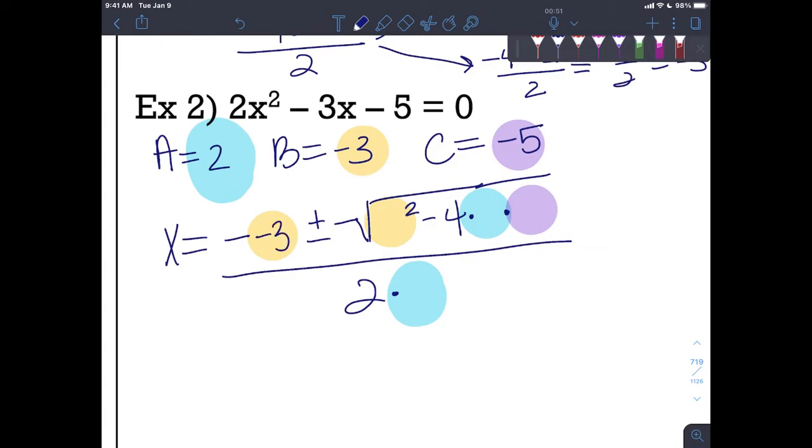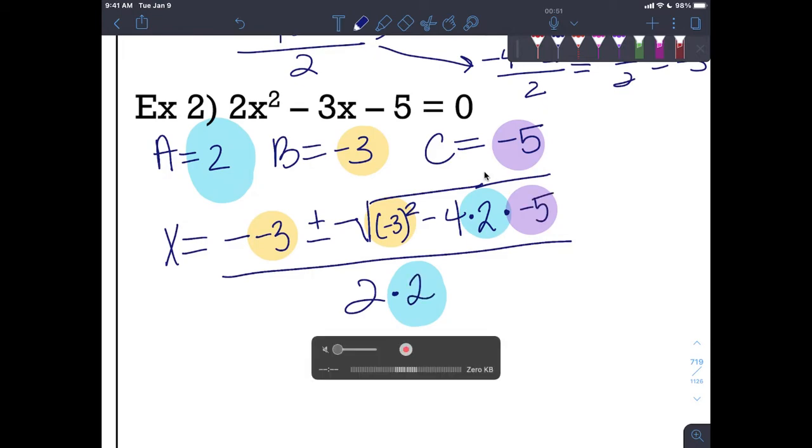Notice how I have a double negative. Watch out for that. That's the reason why I write in all of my negatives first. All right, so I'm going to look at this. 9 minus 40. But it becomes positive because of the double negatives. That's more than likely going to give me a positive number, so I'll continue on.